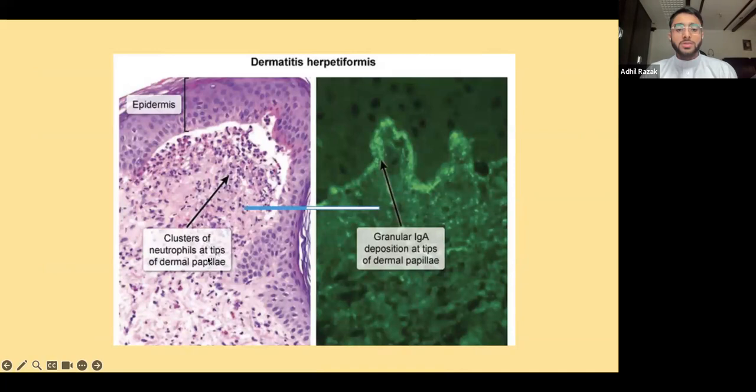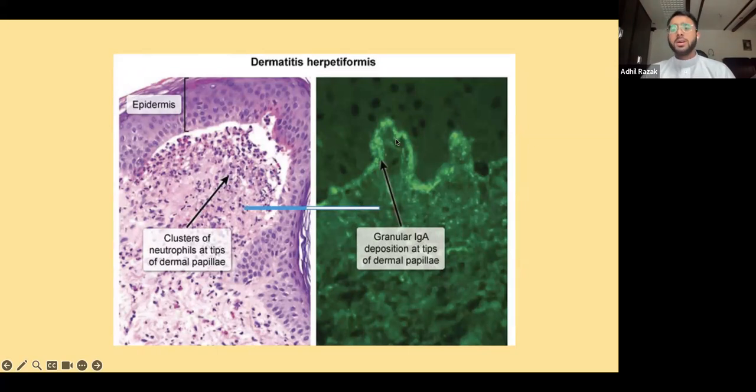You see clusters of neutrophils at the tip of the dermal papillae. You can see the layer of epidermis here, and what's below it is the dermis, and there is a cluster of neutrophils. This part is darker with tiny dots on it. Those tiny dots are neutrophils. And the granular IgA deposition.